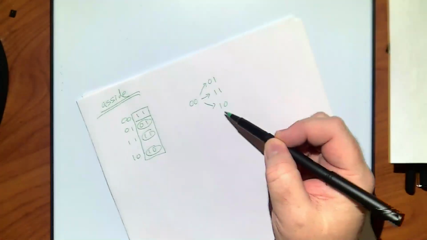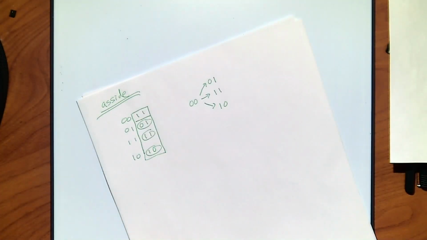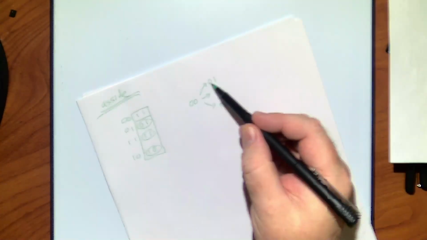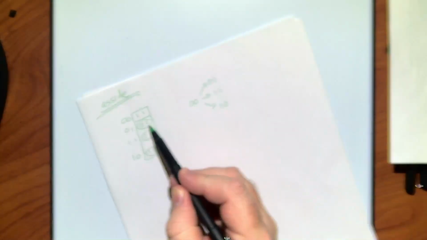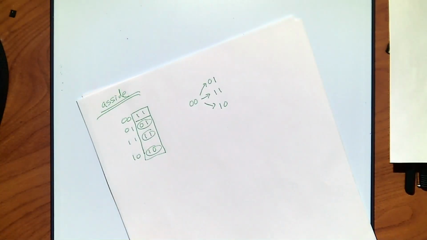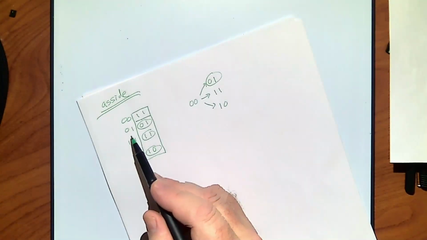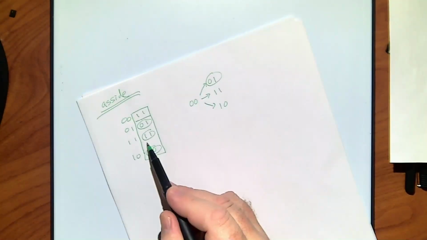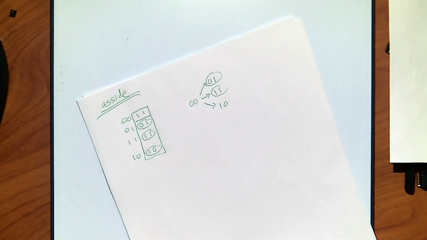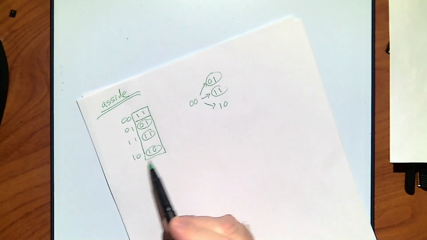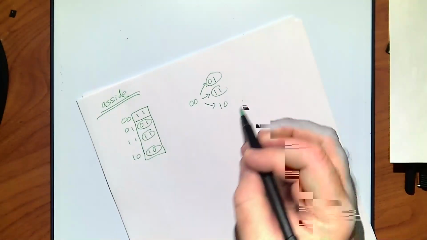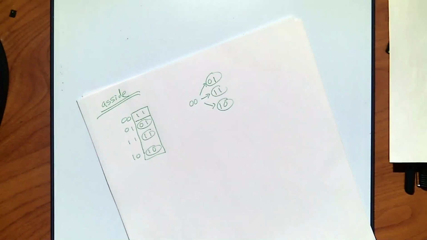Think about my race here. The race is on. If it flips to 0, 1, it's going to go here, and then it stays there. If it magically flips to 1, 1, it stays there. If it flips to 1, 0, it stays there.